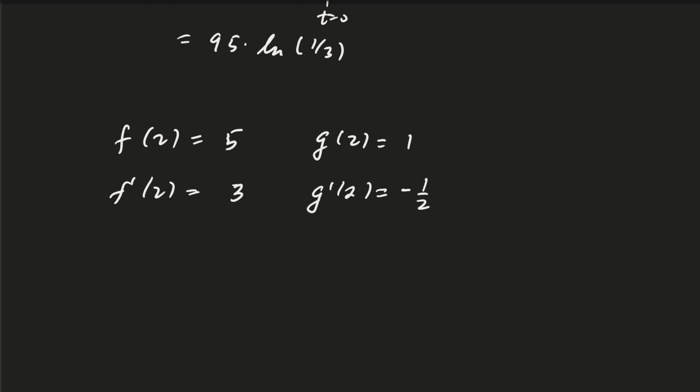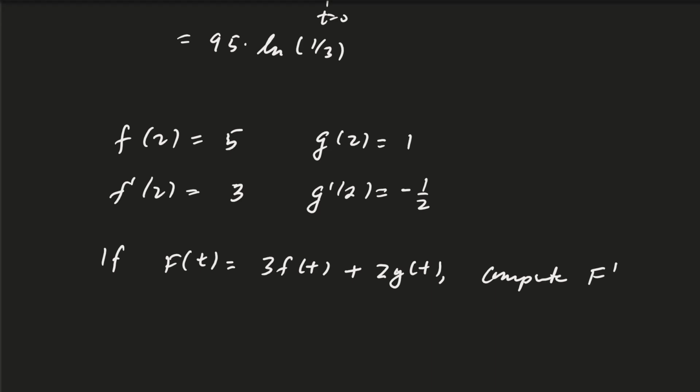negative 1/2. Now, let's say our capital F of t is equal to 3 times f of t plus 2 times g of t, then let's compute F prime at 2.